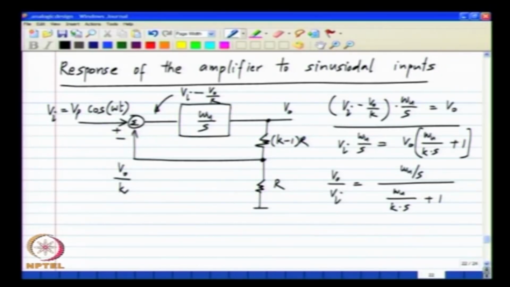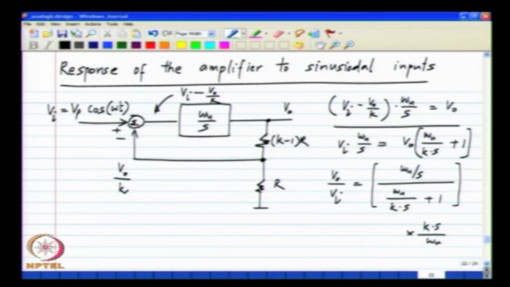Of course, normally transfer functions are not represented in this form, they are represented as a ratio of polynomials in S. So, we multiply both the numerator and denominator by k times s by omega u.